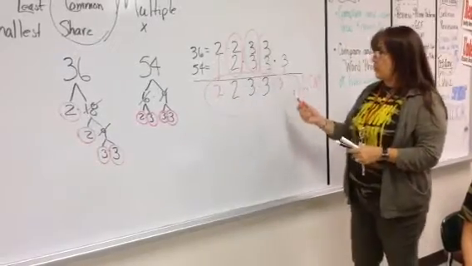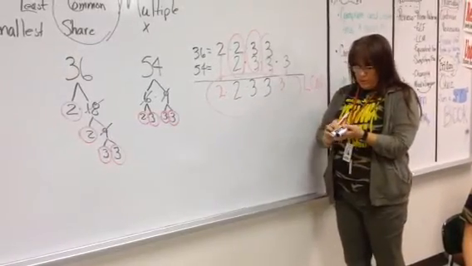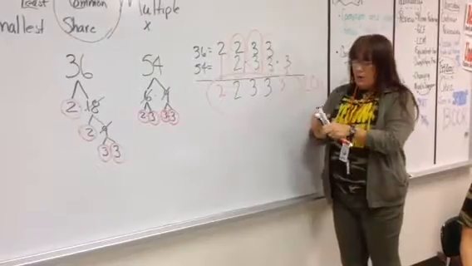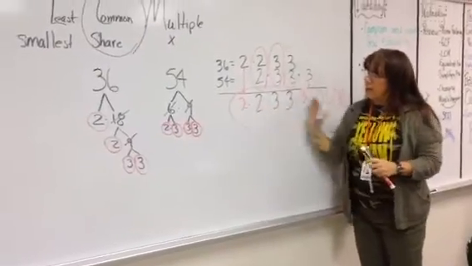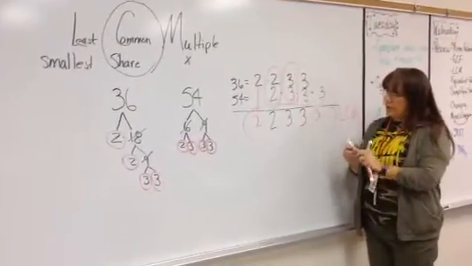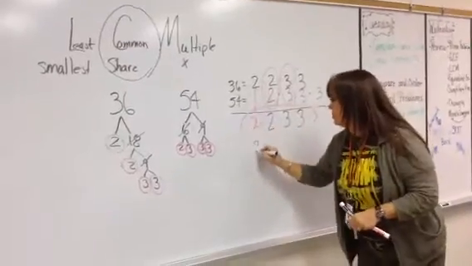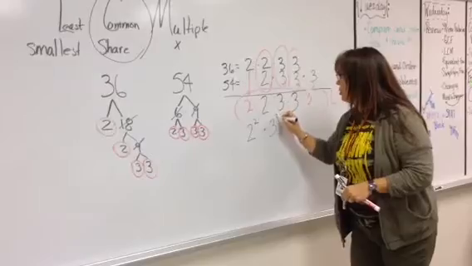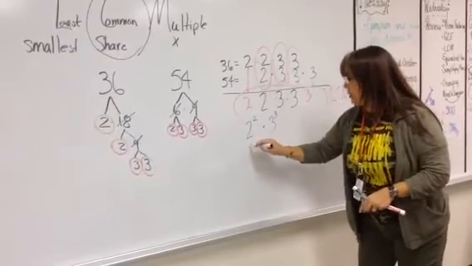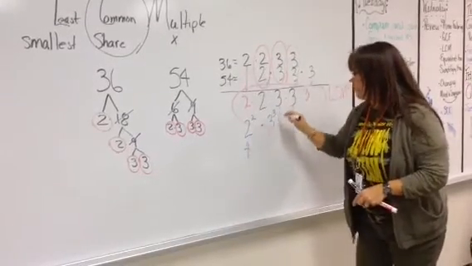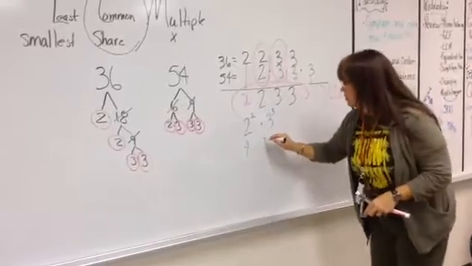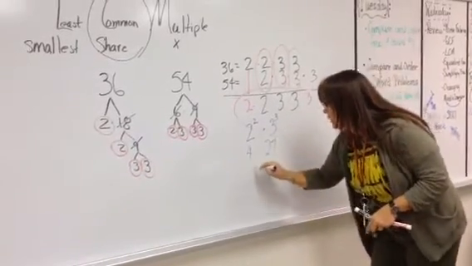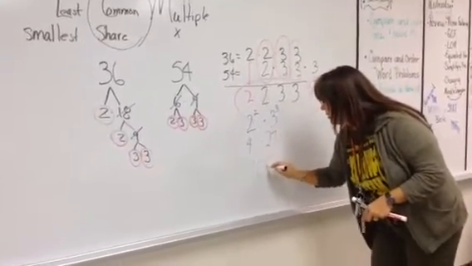Okay? How do we figure that out? Well, we all know how to do exponents. We all know how to do prime factors. And if you were to write this in exponent form, this is 2 squared times 3 cubed. We know that 2 squared is 4 times 3 cubed, which is 27. 4 times 27 is 108.